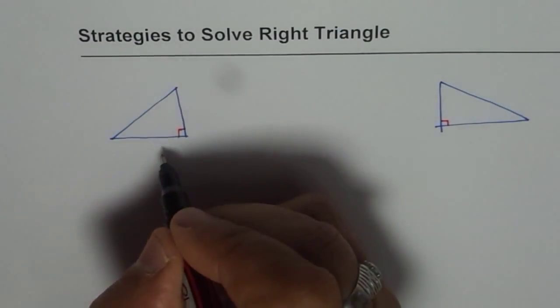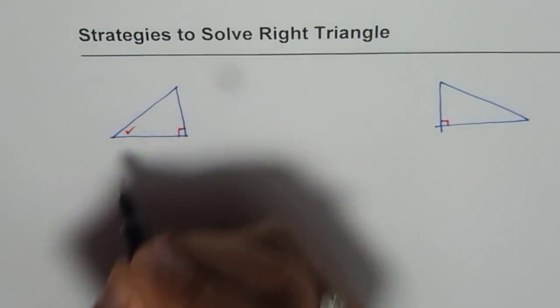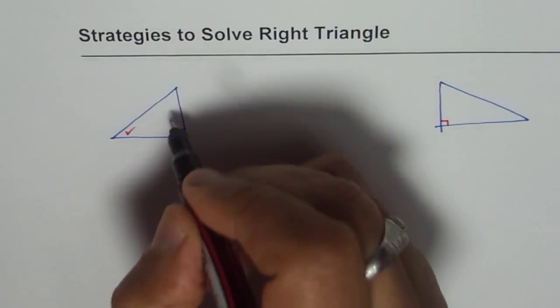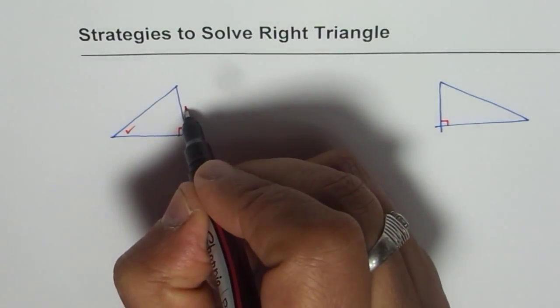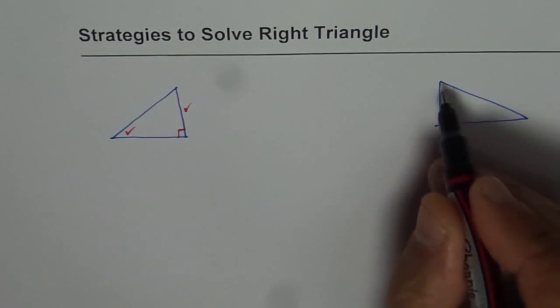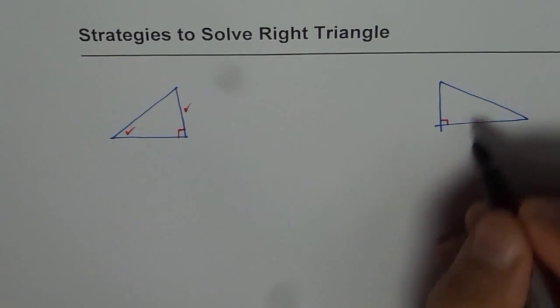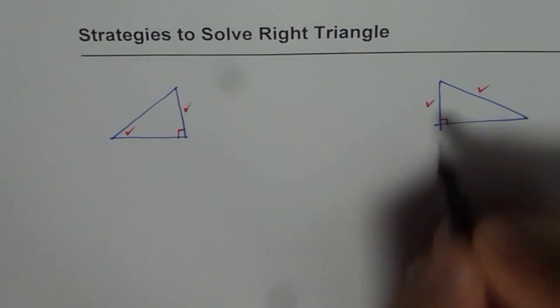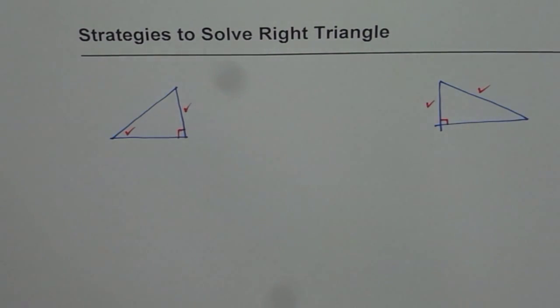Now let us say in this triangle we know one of the angles and a side. Any side is known to us. So let me say this side is known to us. On the other hand, in this triangle, let us say we know two sides. So let's say we know this side and the other side, like this. Now both these triangles can be solved using primary trigonometric ratios.